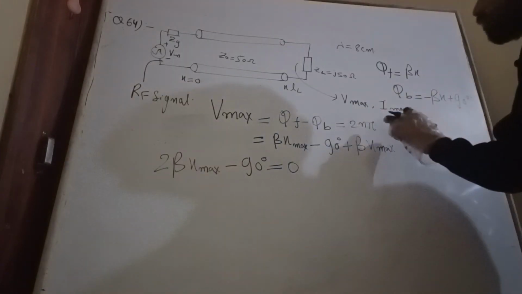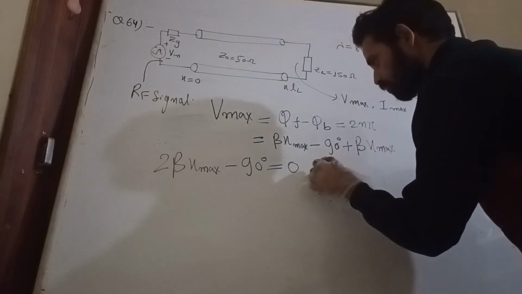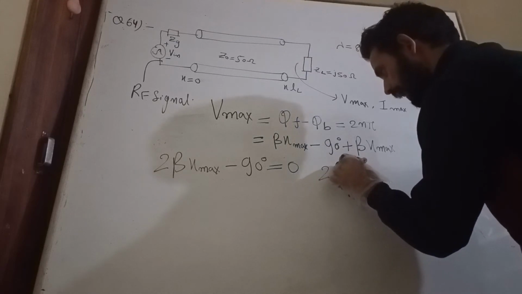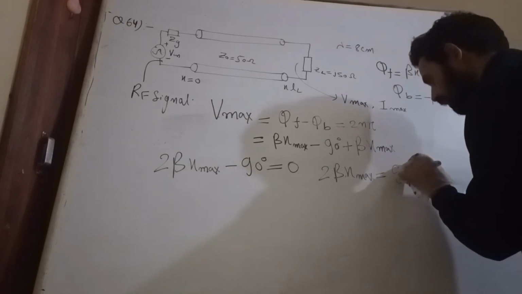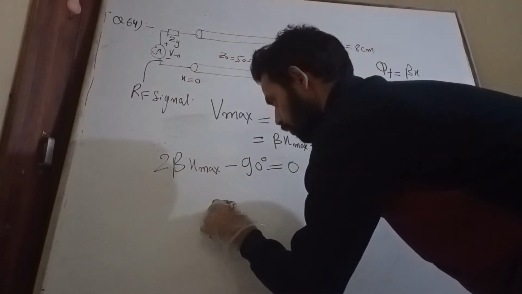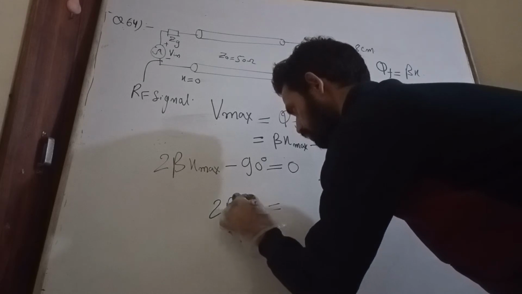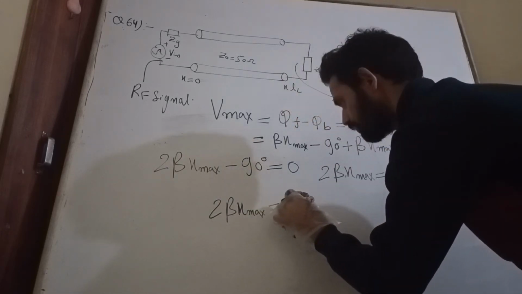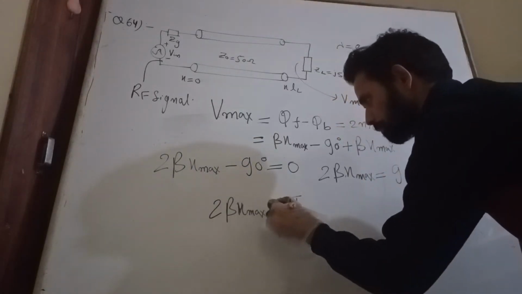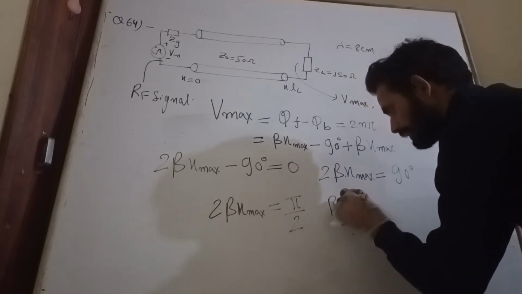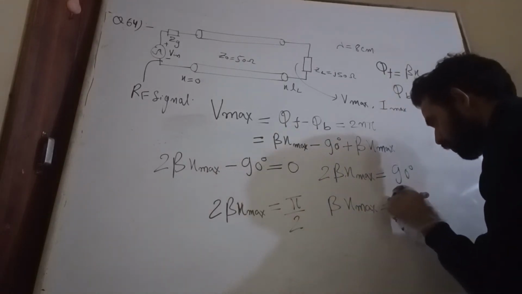So this angle difference is 0. Therefore 2βx maximum is equal to 90 degree, which means π by 2. So βx maximum is equal to π by 4.